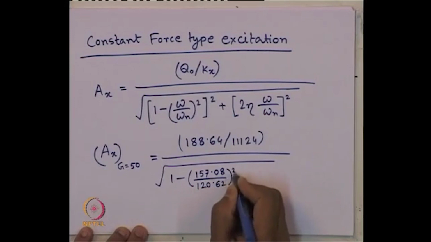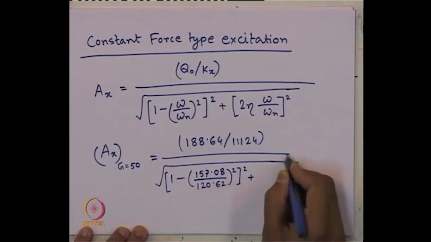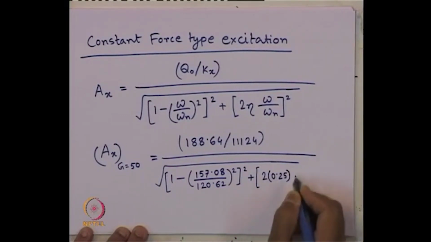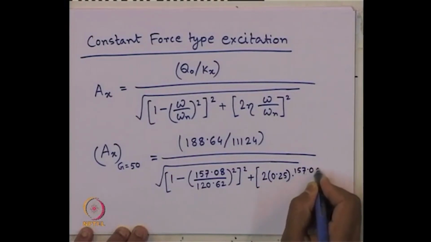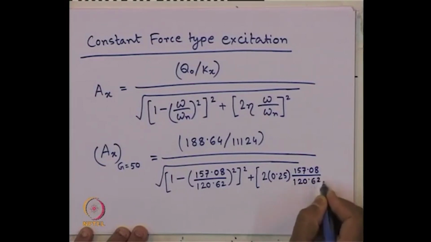Divided by 120.62 whole square, to 0.25 times 157.08 by 120.62 whole square.